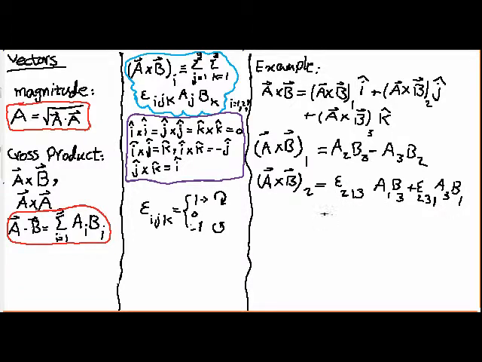So again, from 2 to 1, 3, 1 to 3, so it is counterclockwise, and this is minus 1. And this one is 1. From 2 to 3, 3 to 1, so it is clockwise, this guy is 1. And so it's A3 B1 minus A1 B3, right?